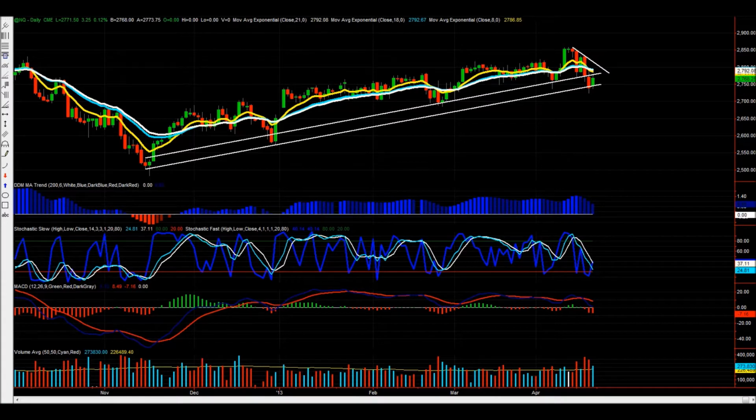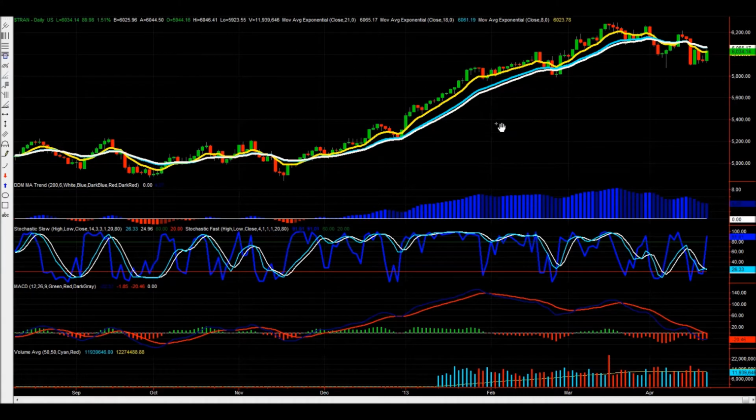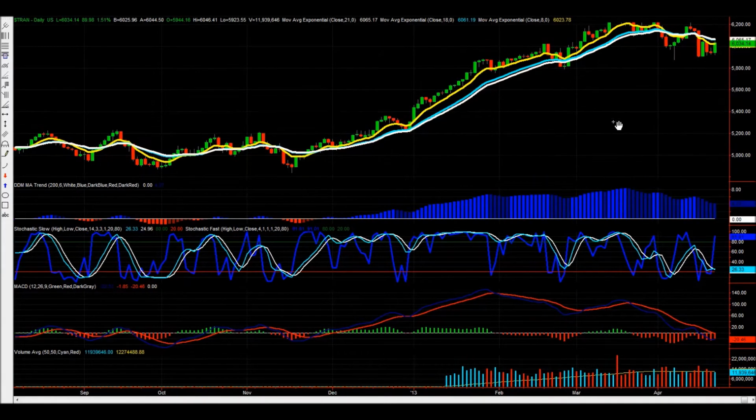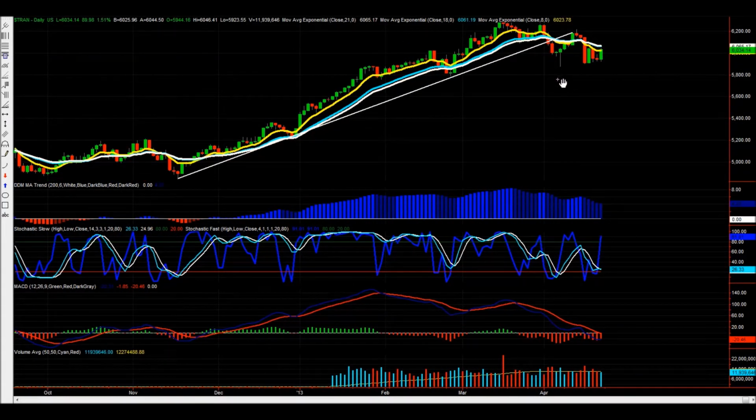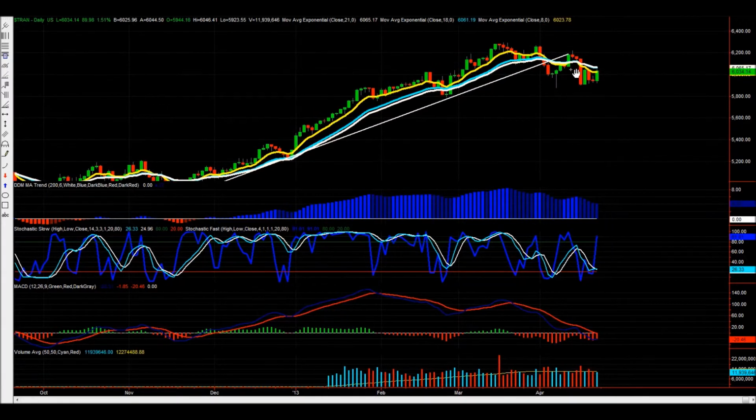Okay, so let's take a look at the transports. Maybe the transports will give us an idea. Transports are just really looking choppy, and unfortunately I lost all of my levels on here. I could probably go back and recreate them pretty easily, but if you look at that, we broke this trend line, and then we put in a lower high here.